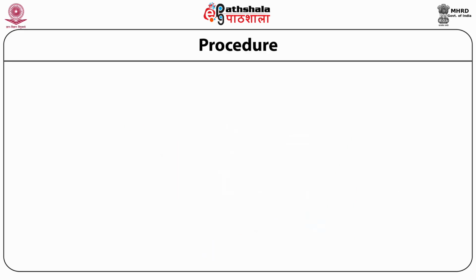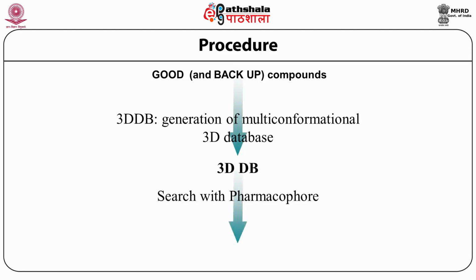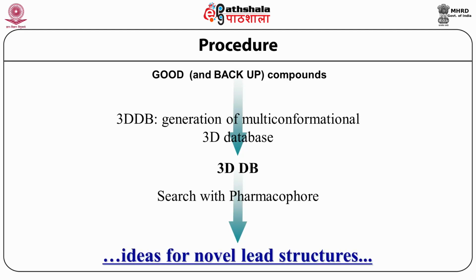The procedure actually is to take good and backup compounds, generate all the multi-conformational 3D databases, search the 3D databases by the pharmacophore and go for the novel lead. This is the protocol, and in some cases all of this has been coded as computer driven and can be utilized on a regular basis to generate new leads depending on new pharmacophores.